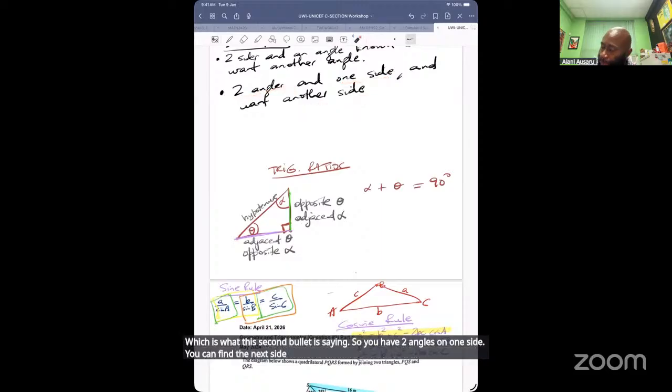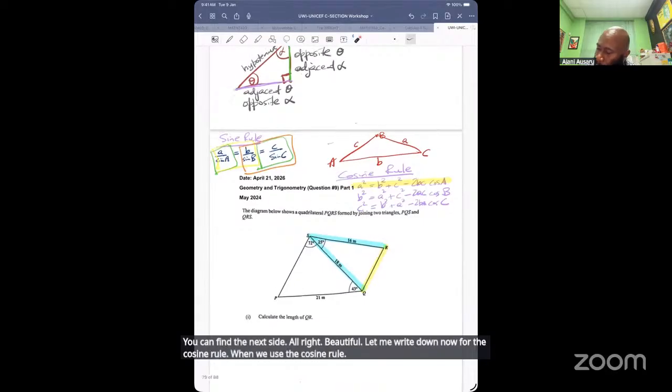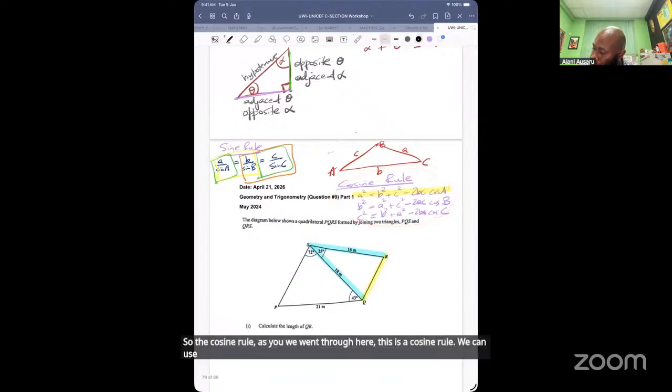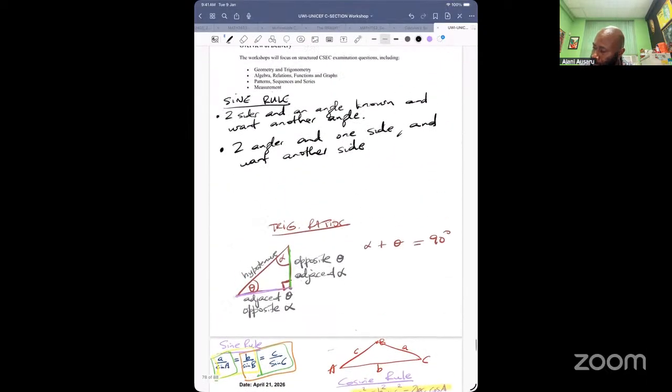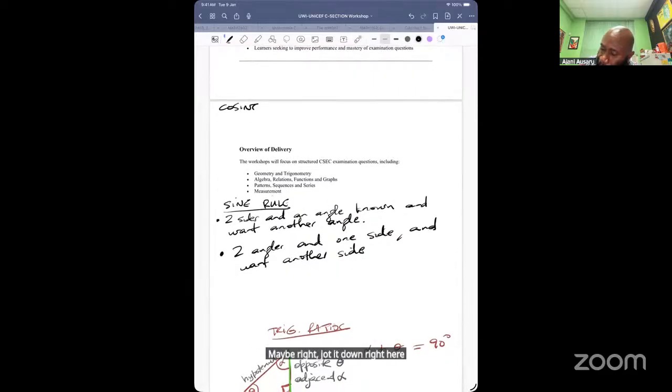All right? Beautiful. Let me write down now when we use the cosine rule. So the cosine rule, as we went through here. Three sides known. So this is easy.